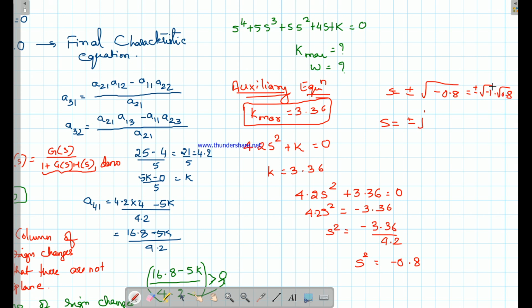Now we know that square root of minus 1 is j, so that is what I have written here, plus or minus j into.